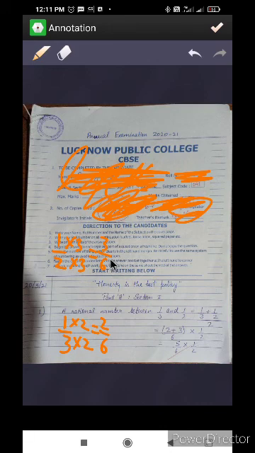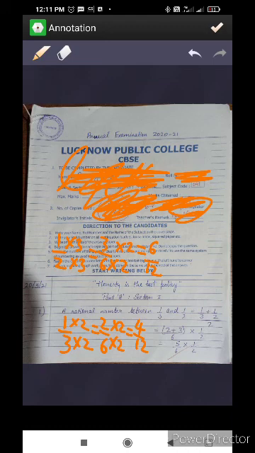We can multiply by 2 again, the same number in the numerator and denominator. So we are getting 4 upon 12 and 6 upon 12. So the number between 4 upon 12 and 6 upon 12 is 5 upon 12.